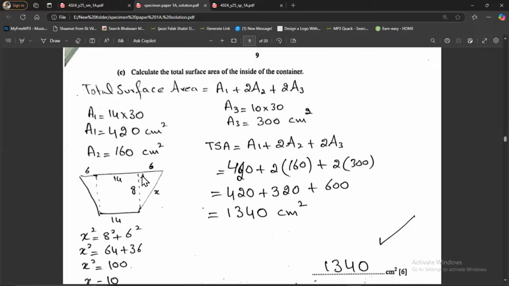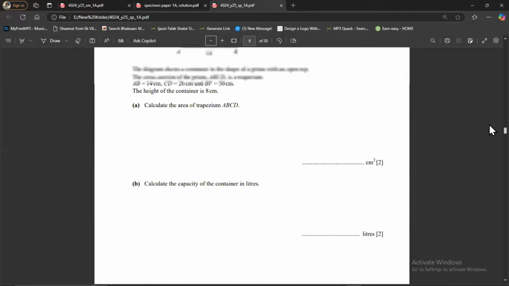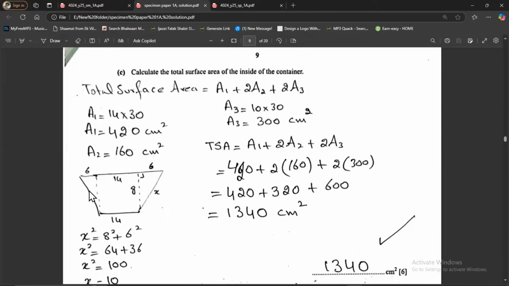For area number 3, I need to know this BC side. So I will take this trapezium, and from there I will try to find out the BC. This is 14. Because the upper side is 26 in total, that means 6 centimeter here and 6 centimeter here.